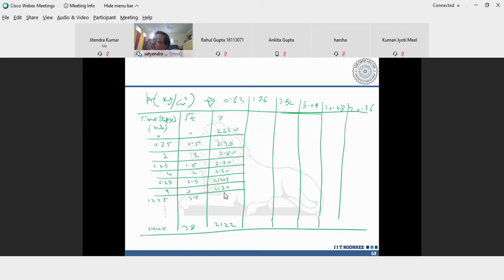Now next day you come. So it is 2122. You double the load, and for that, at the 0th minute, the initial reading will be 2122 for the next day. The load is doubled to 1.26.